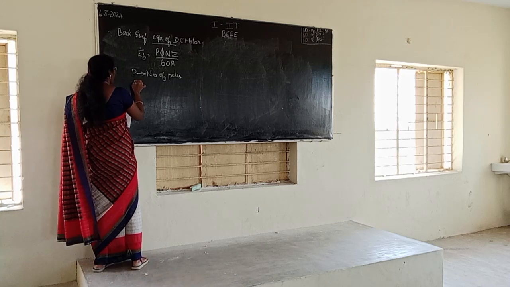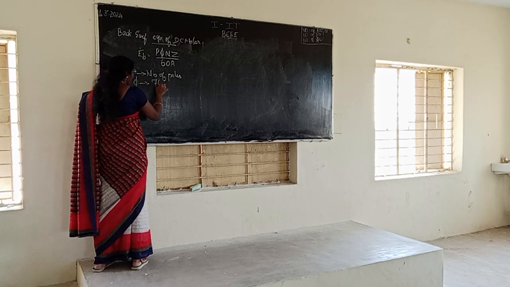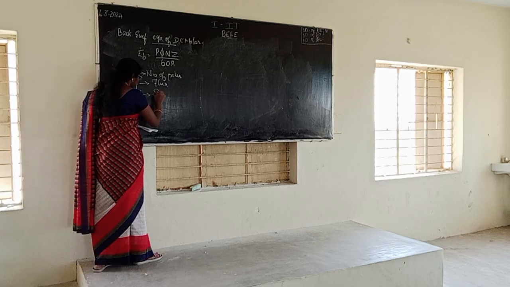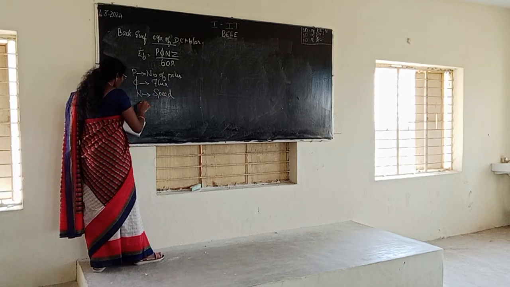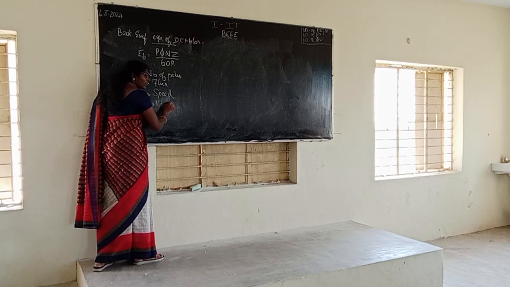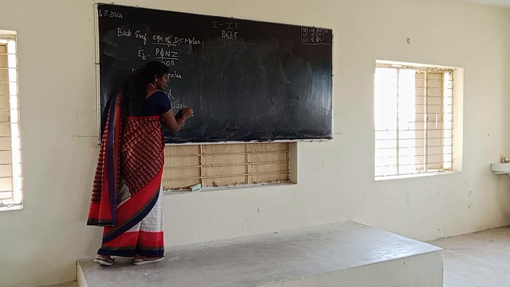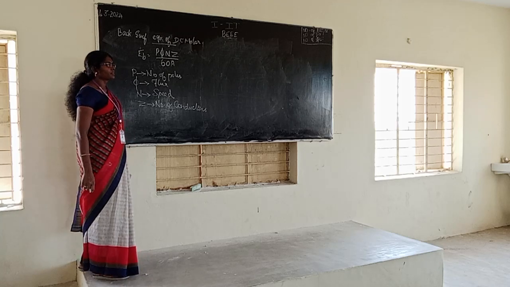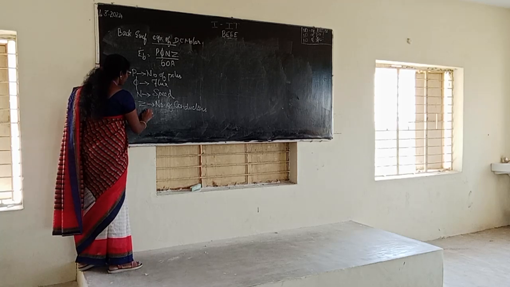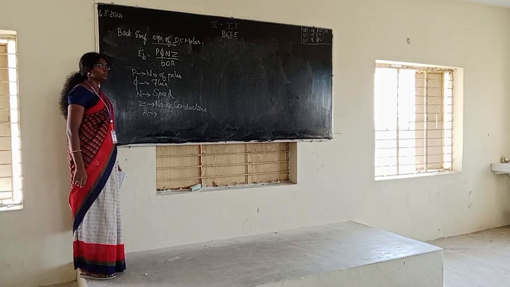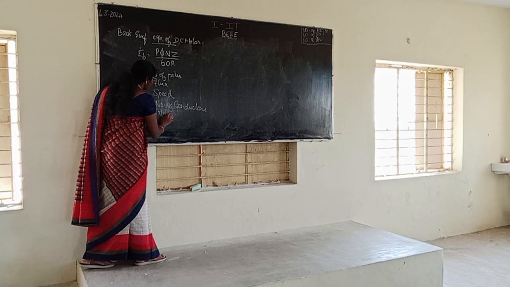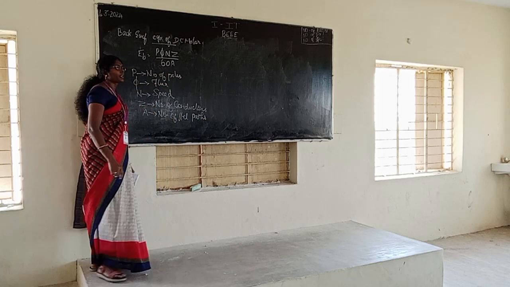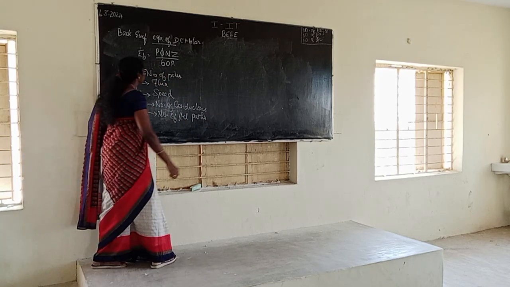So P is the number of poles, phi is the flux generated there, N is the speed, Z is the number of conductors, and A is the number of parallel paths.